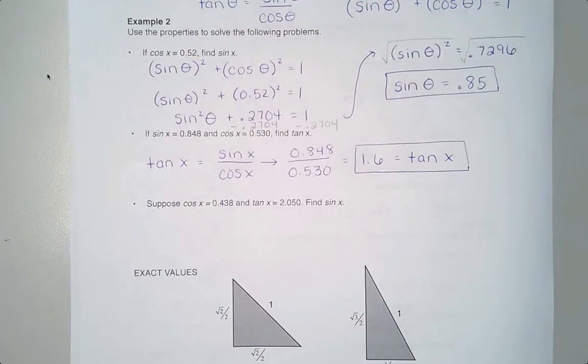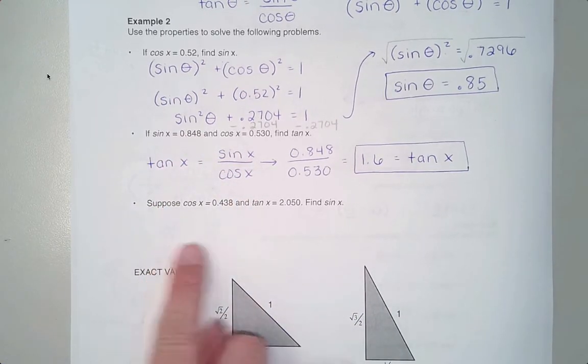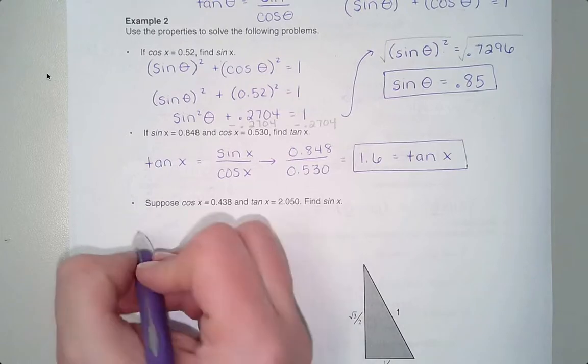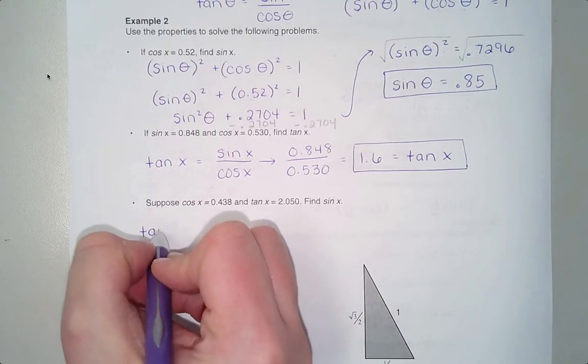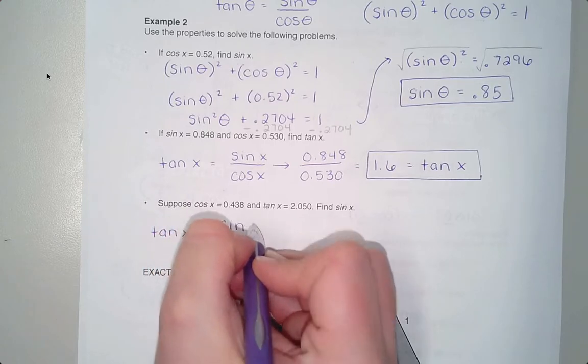This third one here gives you the cosine and the tangent and wants you to work backwards to find the sine. But still, I'm going to use this formula because this is my only one that incorporates all three. So I'm going to say I know tan x equals sine x over cosine x.